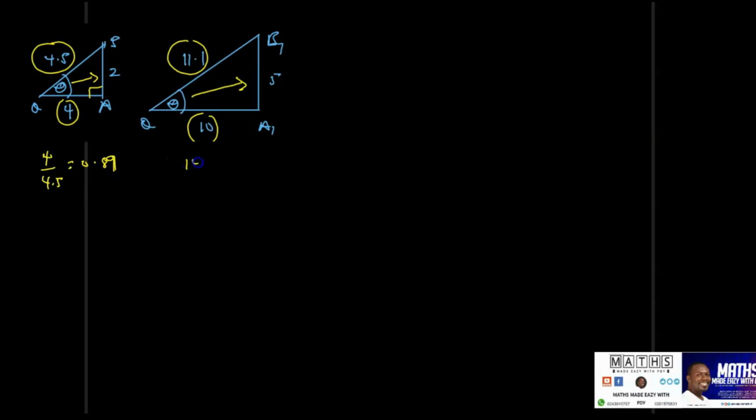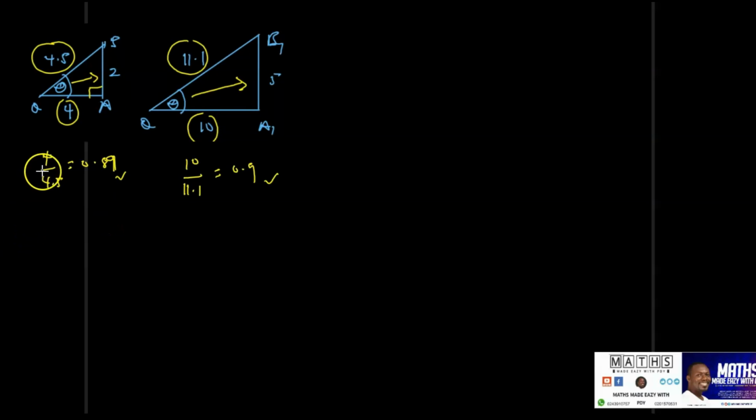Now, how about 10 divided by 11.1? What is the answer as well? Approximately 0.9. Now, this is approximately 0.9 as well. Do you agree? Yes. So they connect as well, all because this triangle here is similar to that. For the fact that you've enlarged this triangle, you've increased the size of this triangle to give you what is here.